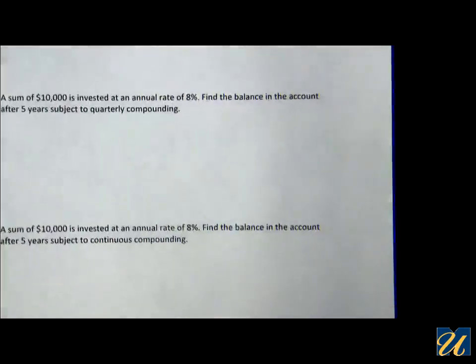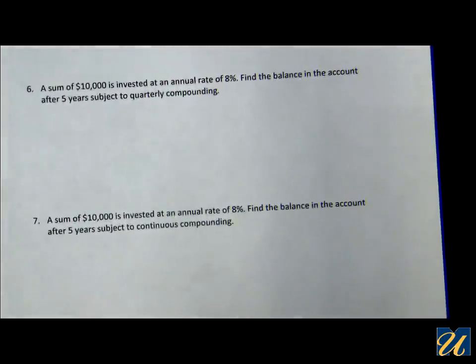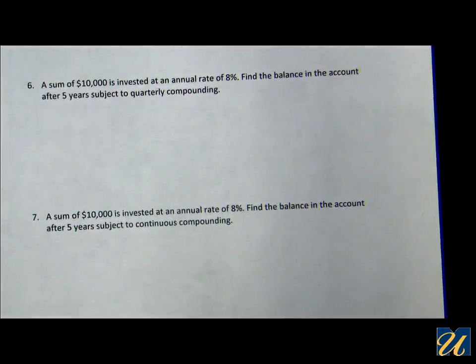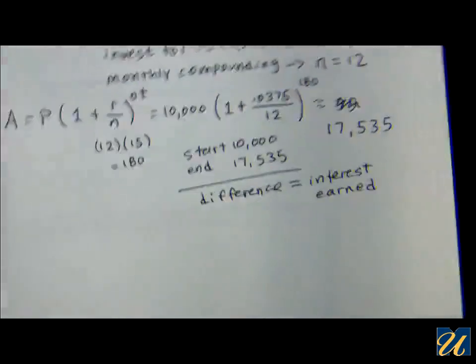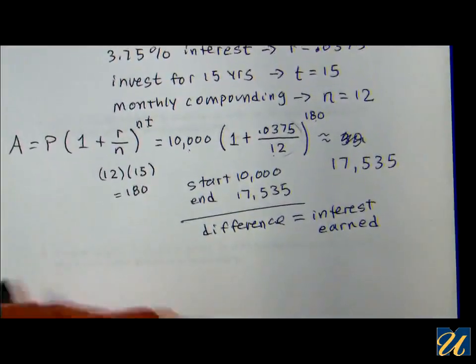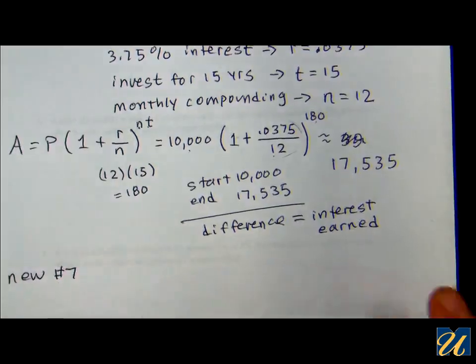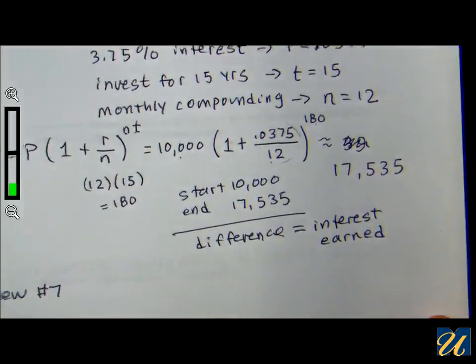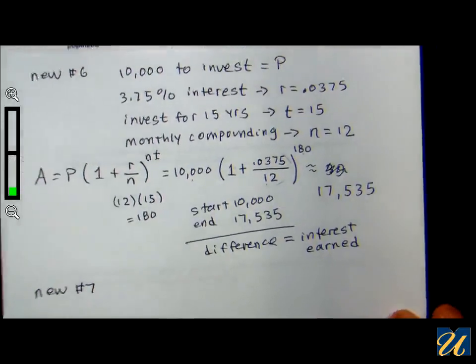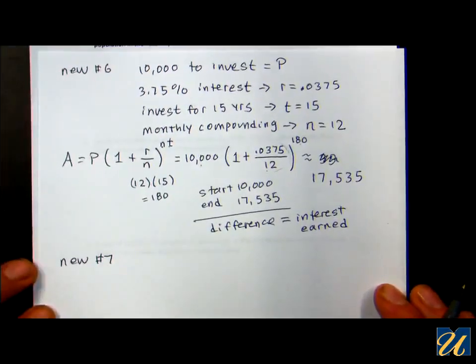Okay, let's take a look at number 7. Number 7 is the continuous compounding version of problem 6, so I will take our problem 6 here and do a version of that for our new number 7. Let's take the same problem, same numbers.